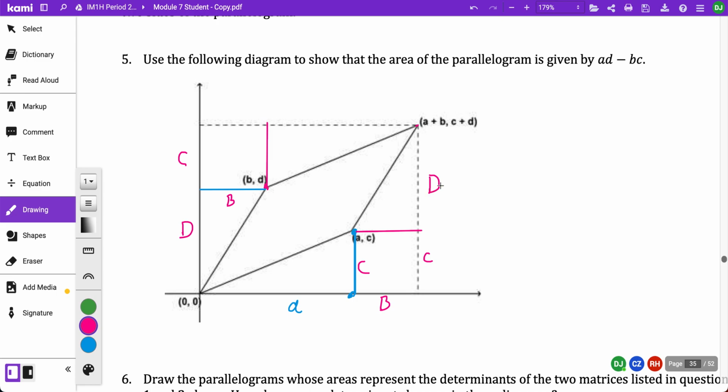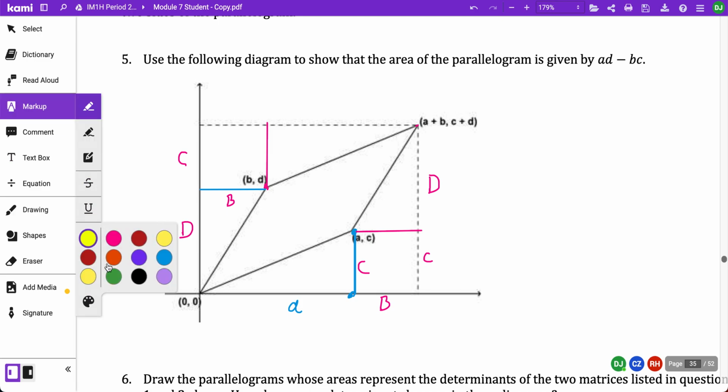Okay, so all of that to say, that's a lot of information. Why do I need all of that? Well, what I want to do is figure out the area of this parallelogram. And to figure out the area of this parallelogram, I'm going to take the area of this entire rectangle, and I am going to subtract these pieces.